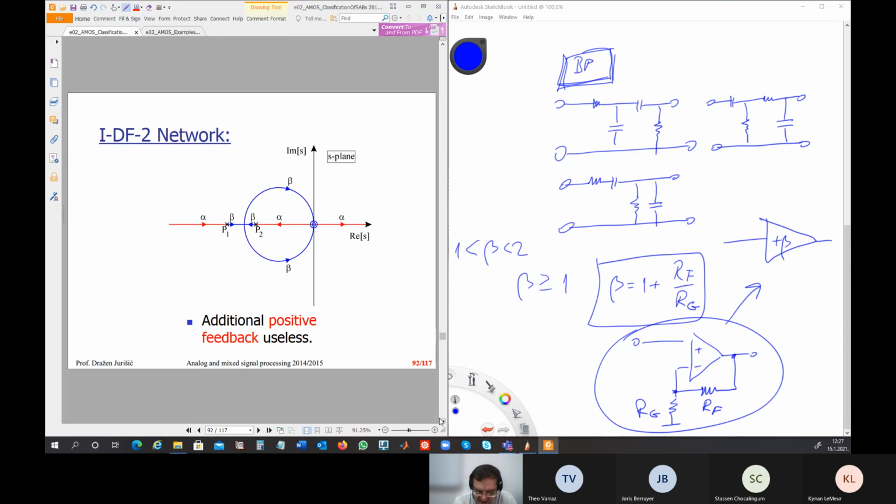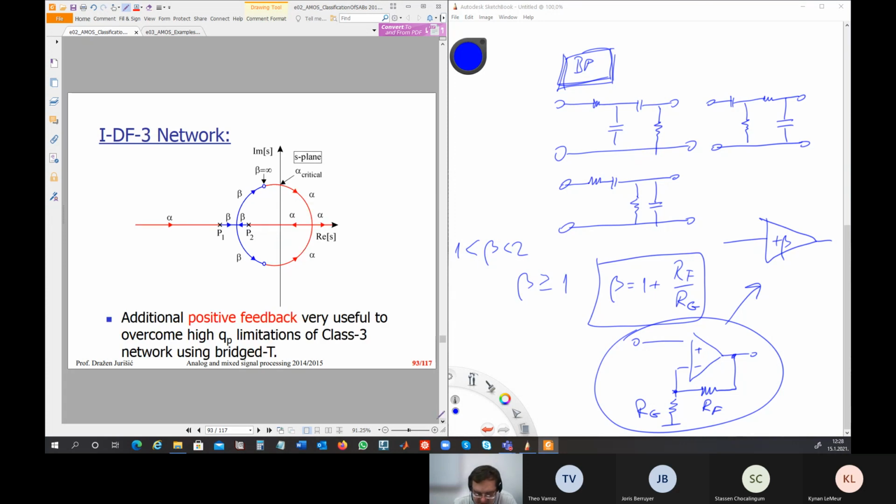Here also doesn't help us because alpha is only on the negative real or positive real axis. But here, if we finish with beta infinity and we add two resistors, which are represented by this alpha, then we can move additionally poles to be more near to the j omega axis. Okay? We can say that the red lines are complementary to the blue root locus lines.